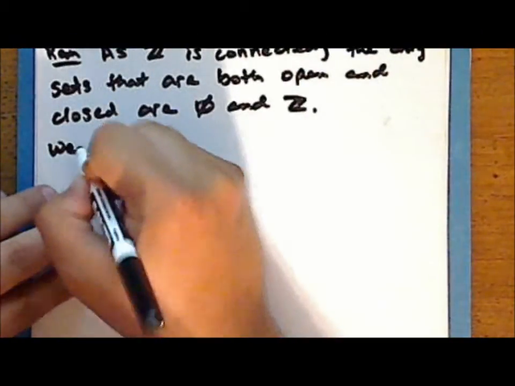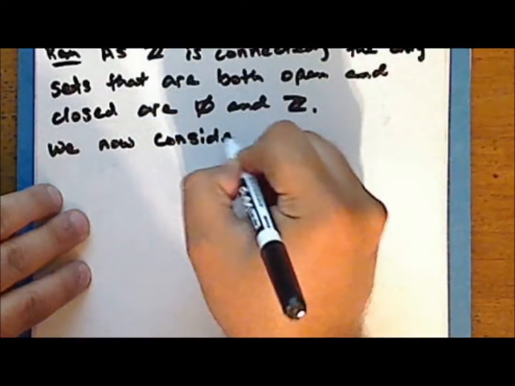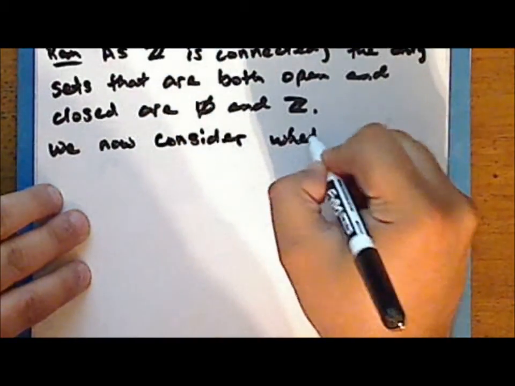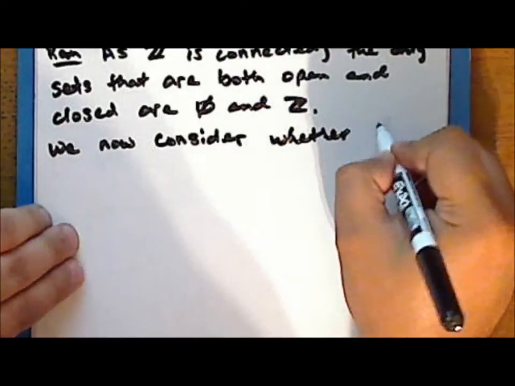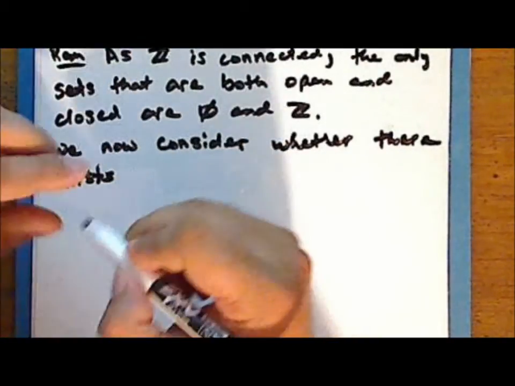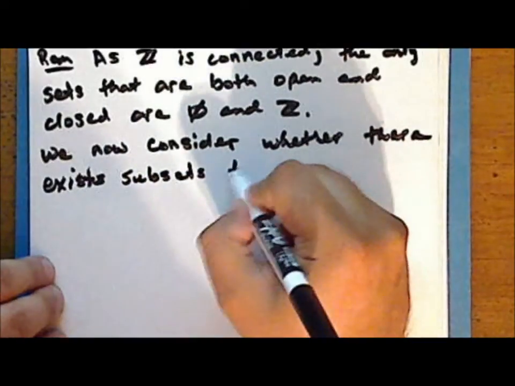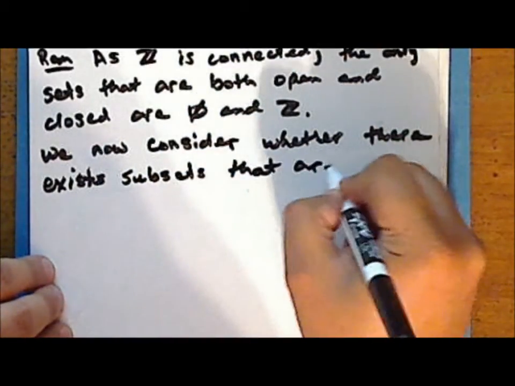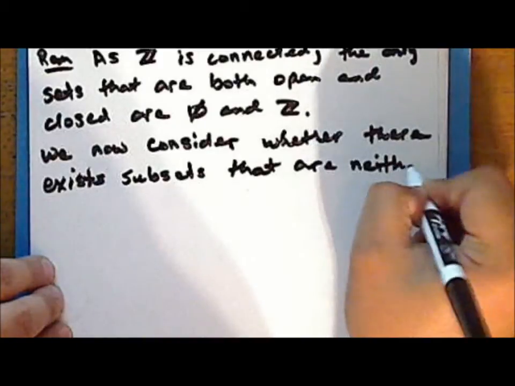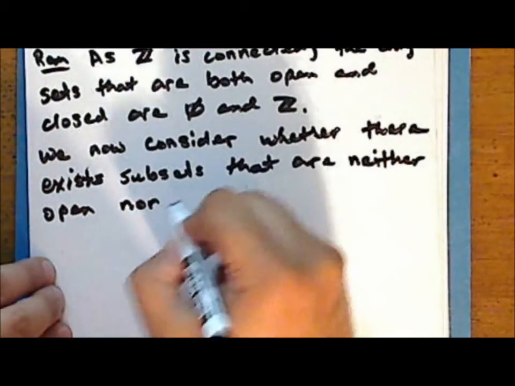So we now consider whether there exist subsets that are neither open nor closed.